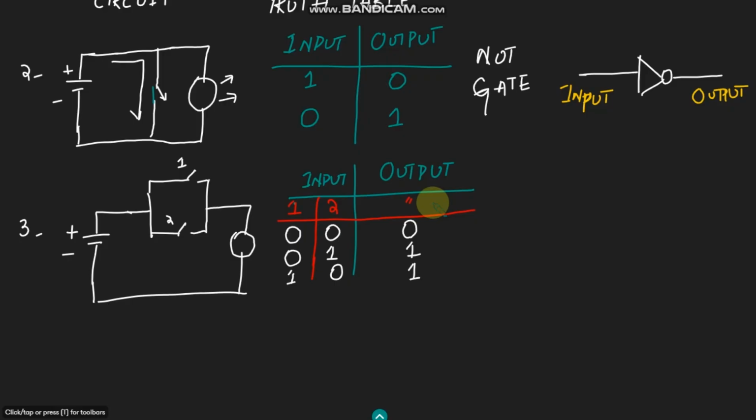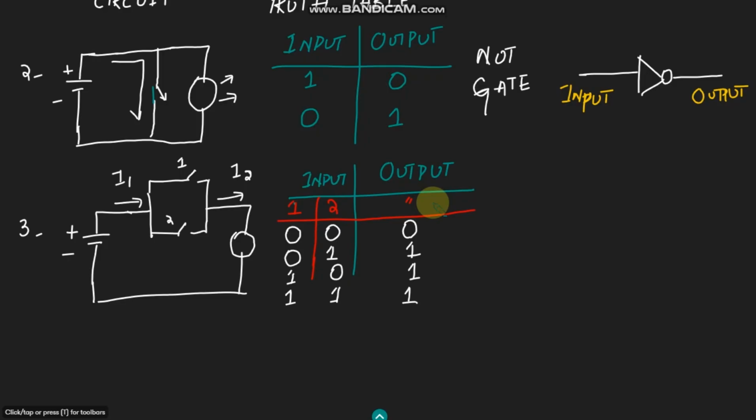Okay, and at last, if the two are in on condition, the current entering here and the current leaving here will be equivalent. Therefore when the two are on, the output will also be on.